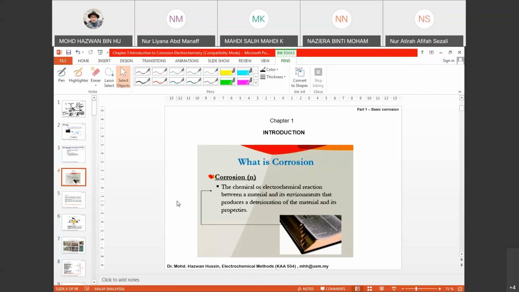Meanwhile, by actual definition, it is the chemical or electrochemical reaction between materials and their environment that produces a deterioration of the material and its properties.